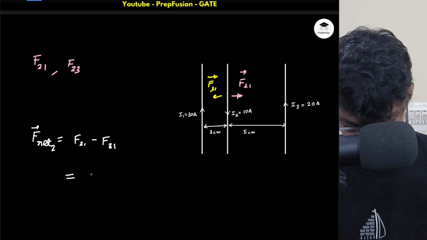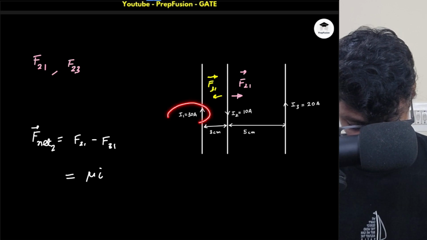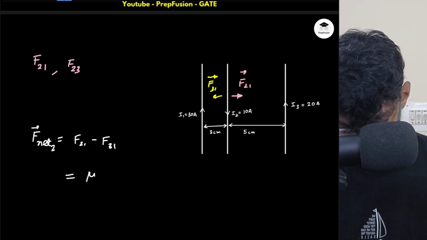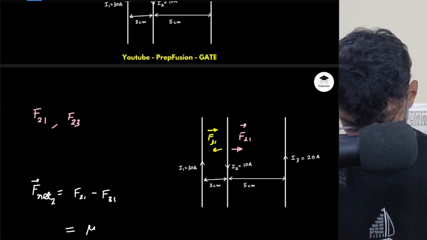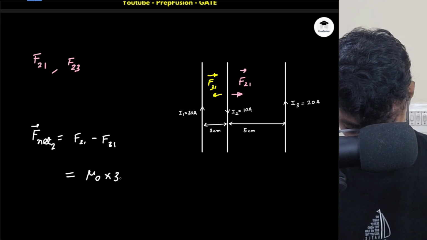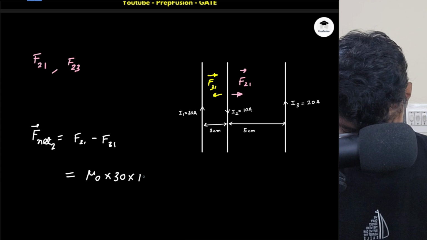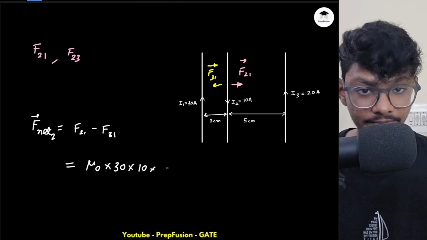F21 is simply mu I1 I2 times the length divided by 2 pi d. What are the currents between these two? 30 and 10. Nothing is mentioned, so I will assume it to be in vacuum: mu naught into I1, I2, into the length, divided by 2 pi d.